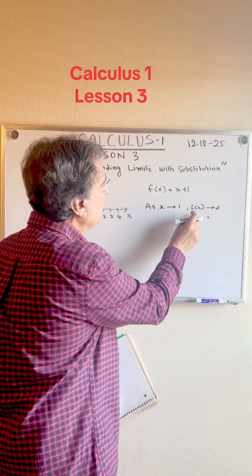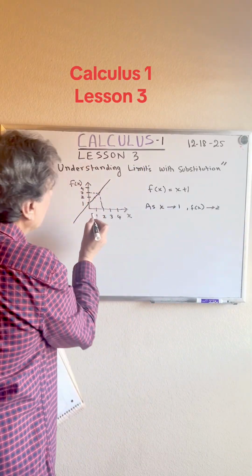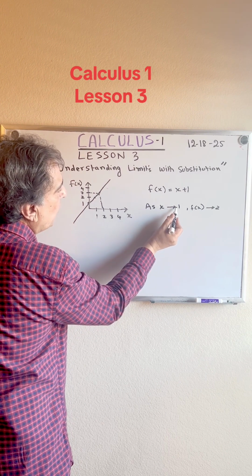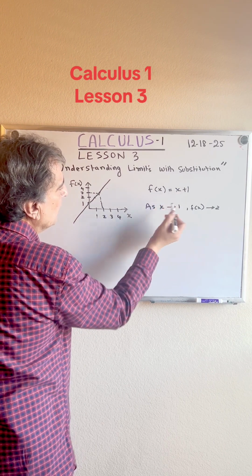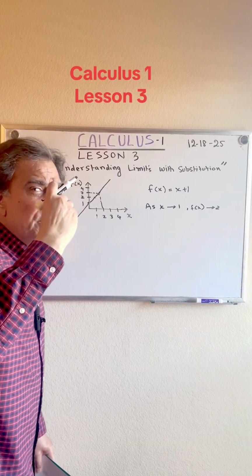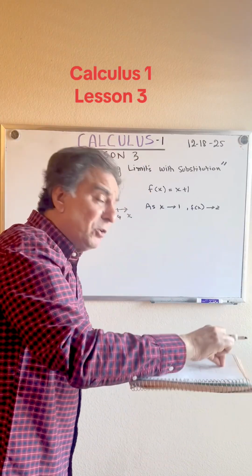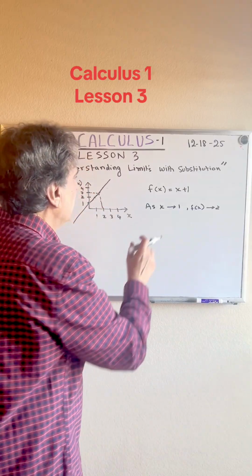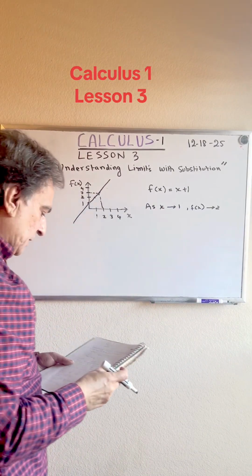That's why we say function of x is approaching 2, because if x is equal to 1, if you plug in 1 right here, 1 plus 1, 2, so then function of x is never really going to get dot on 2, but it's going to be infinitely close. Okay, so that's what I wanted to say.